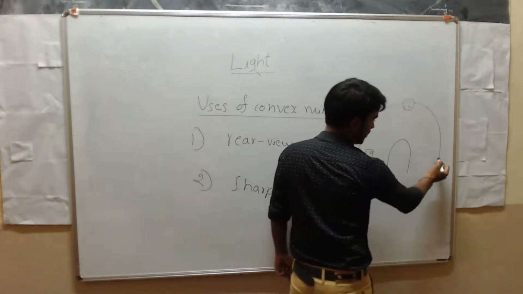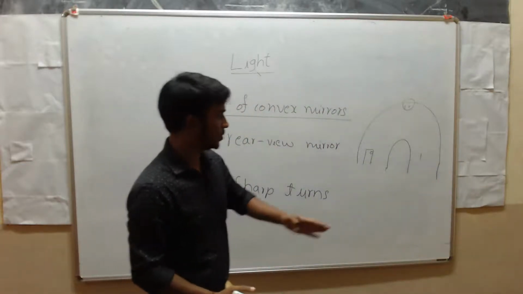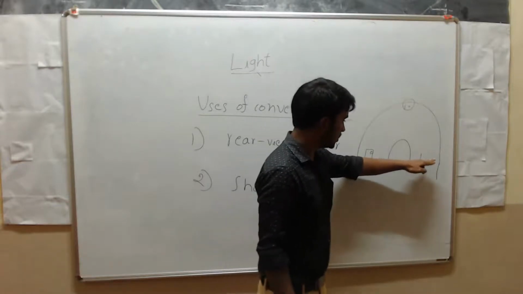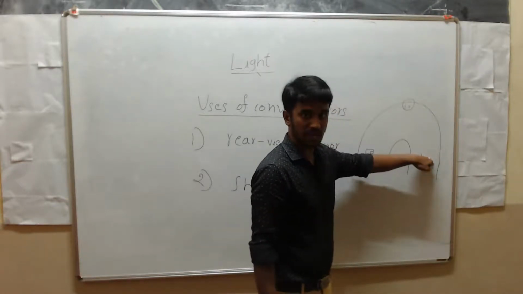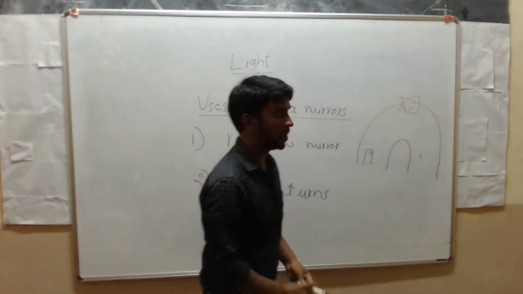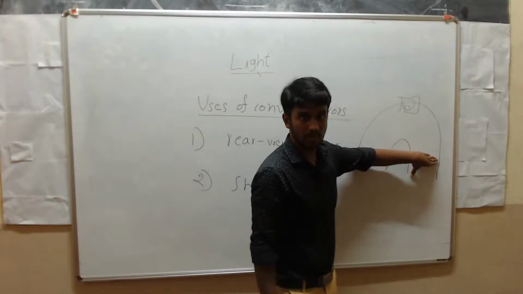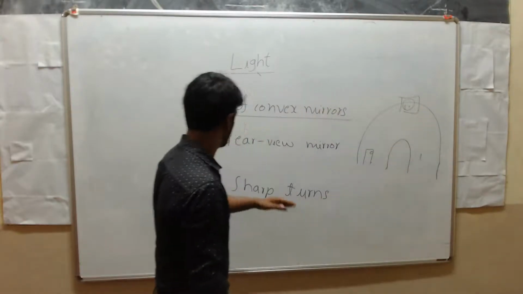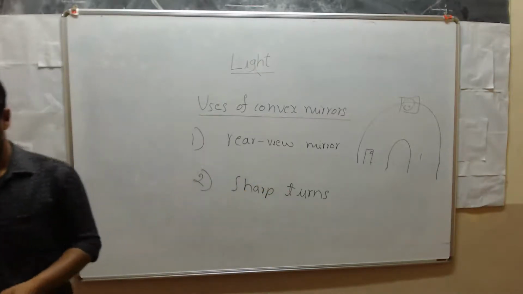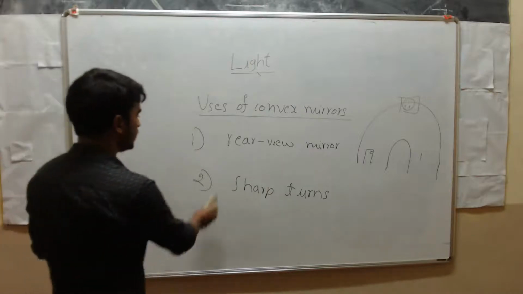You should know which vehicle is coming, whether it is small or big, because we have to give space to that vehicle. So that's why we use convex mirrors at this point. Why? Because convex mirrors cover a wider area. So that's the reason we use convex mirrors at sharp turns. Okay, so these are the uses of convex mirrors.